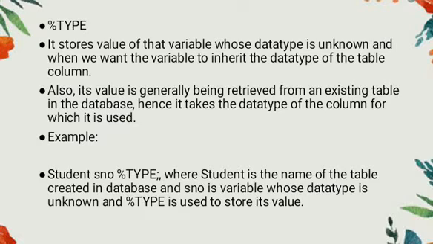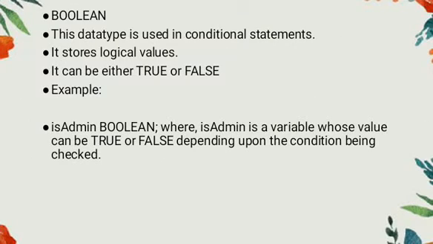Hence, it takes the data type of the column for which it is used. For example, s_number student.number%type, where student is the name of the table created in the database and s_number is a variable whose data type is unknown and percent type is used to store its value.